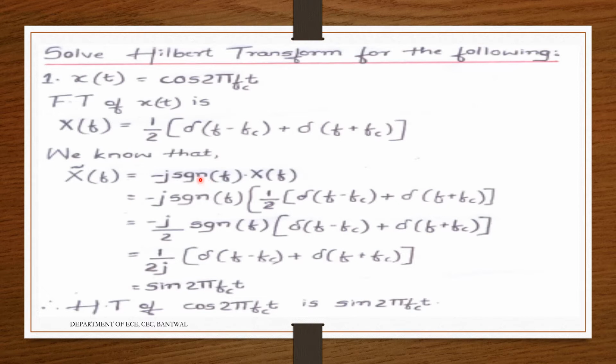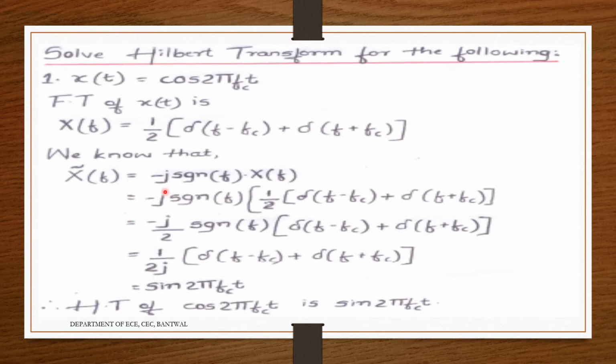We have taken the Fourier transform, and we are going to take the inverse of that. Now we are applying the Hilbert transform, since X cap of f is nothing but the Hilbert transform of this. So this will be the easiest one.